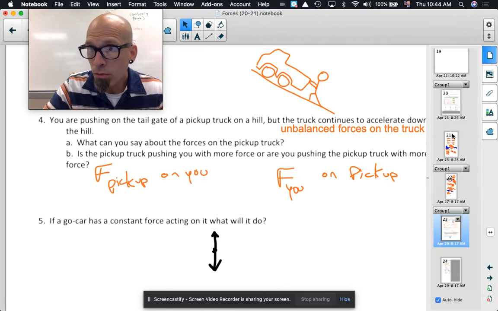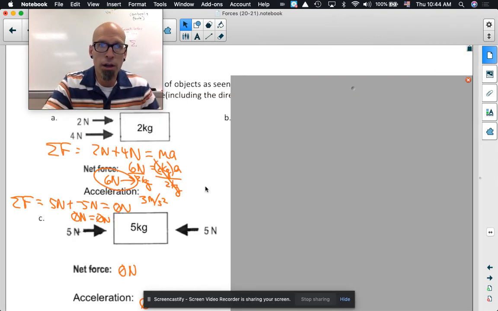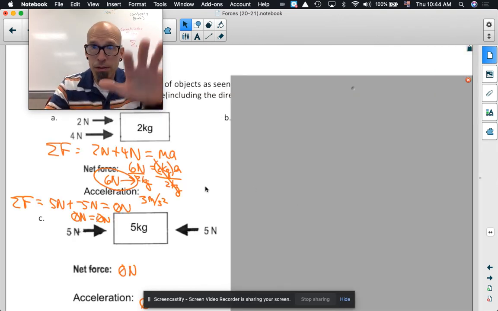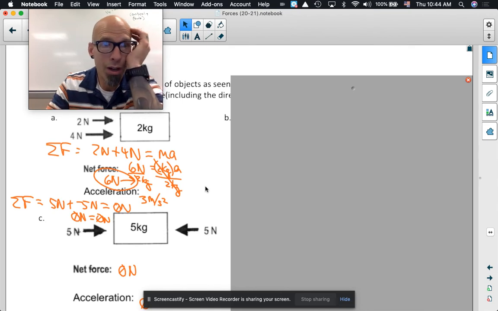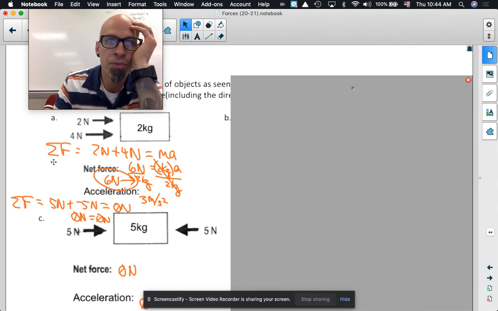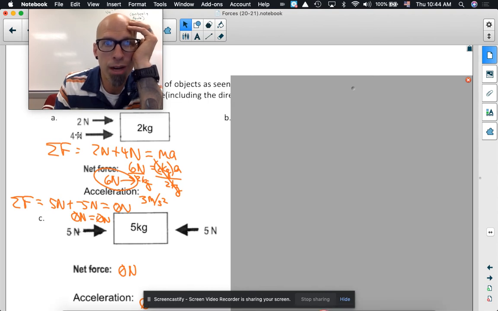Now, in terms of page 2 here, I'm just going to fly through this, and then you can see what happened. Here's what we did. We took a summation here. There are two forces to the right, a 2 Newton and a 4 Newton. They're both to the right, so they're both positive. Those get added up in a force summation, and that's going to equal MA.